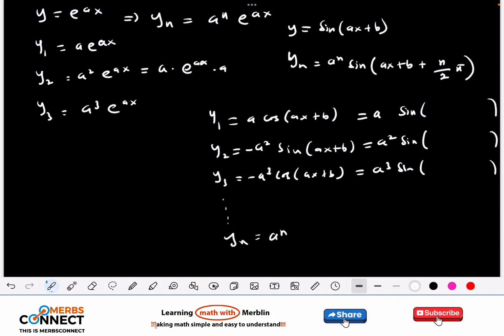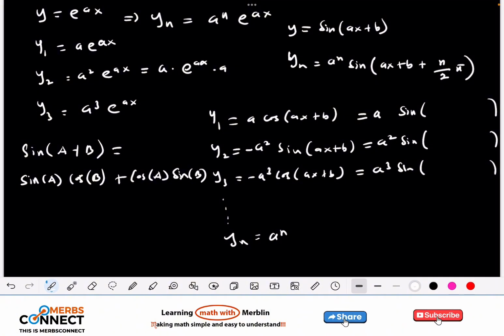So what we are going to do is use the trig expansion of sin(A + B), which is equal to sin A cos B plus cos A sin B. Now here, I'm going to pick the whole of this to be my A. Then I'll choose B to be something.